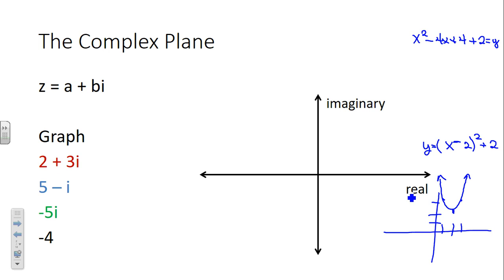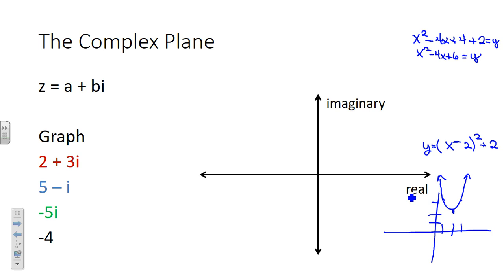Okay, so this is x squared minus 4x plus 6 equals y. Now, we try to figure out if we could factor that in some way or complete the square, right? If we tried to factor it, we'd say, what are factors of 6 that add to become 4? Factors of 6 are 2 and 3 and 6 and 1, right? So there are no integer factors of it. So we could try to complete the square.